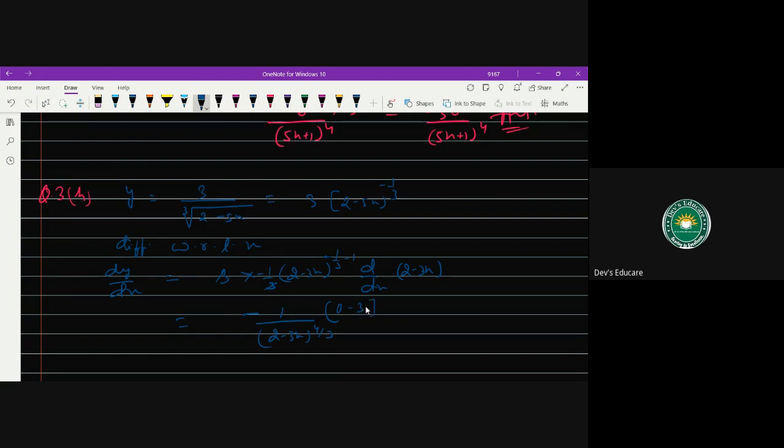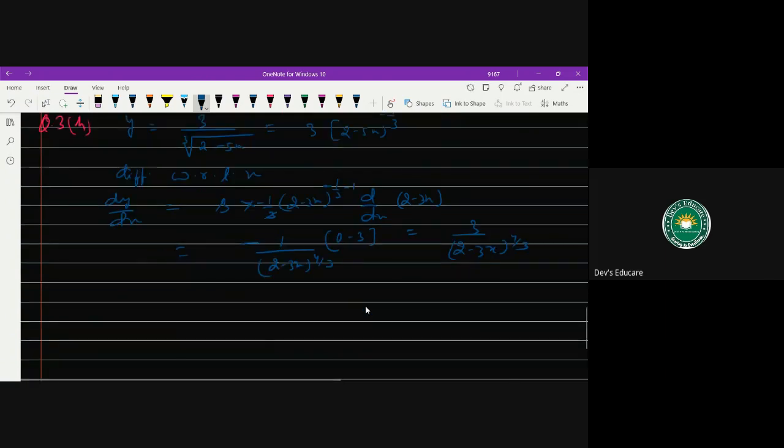Derivative of negative 3x is negative 3. So 3 upon (2 minus 3x) to the power 4 by 3. Or this can be written as, okay, this will be the answer. We can also write it like cube root of (2 minus 3x) to the power 4. Check your answers together and confirm me.